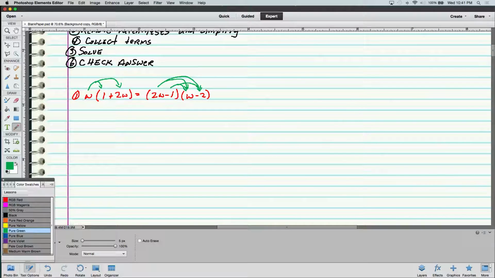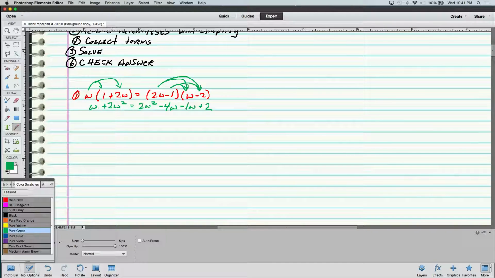So on the left side, w times 1, which is just w, w times 2w, which is plus 2w squared. On the right side, 2w times w, 2w squared, 2w times minus 2, which is negative 4w, minus 1 times w, minus 1w, minus 1 times negative 2, positive 2.